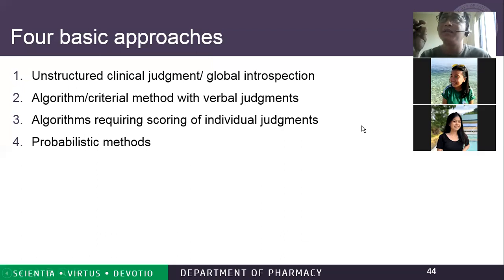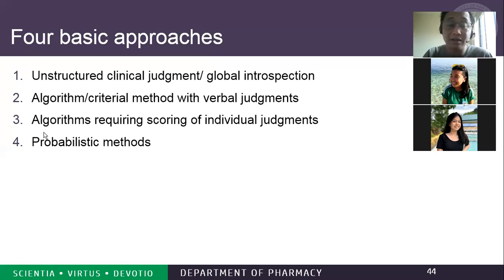Global introspection means you do not have to fill in an algorithm. You just look whether this exists or not, and then you can classify the associations to a certain level.